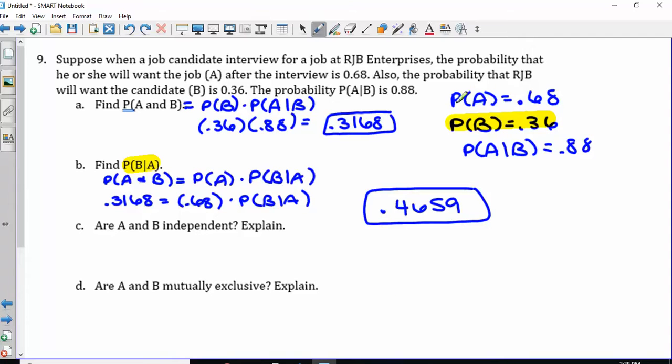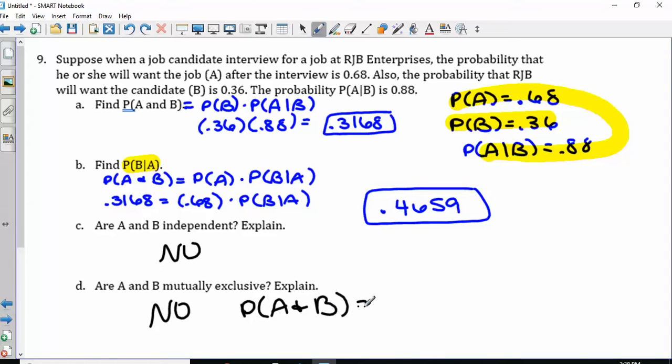No. The probability of A would have to be the same as the probability of A given B, and they aren't. So no, they're not independent. What does it mean to be mutually exclusive? Can't both happen. Well, the probability of A and B, did we get 0? No, so these are not mutually exclusive because probability of A and B is not 0.